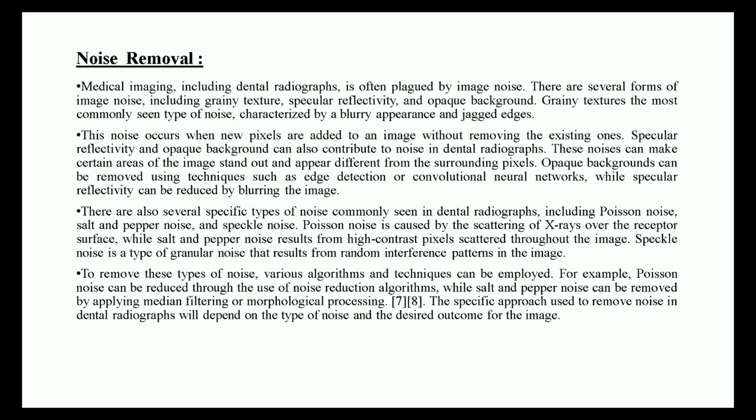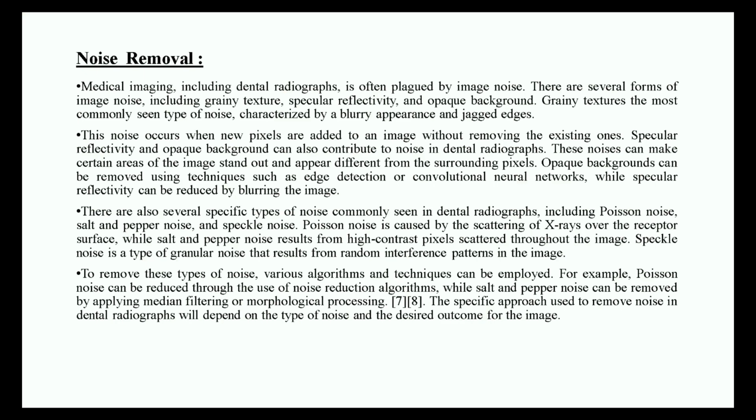This noise occurs when new pixels are added to an image without removing the existing ones. Specular reflectivity and opaque background can also contribute to noise in dental radiographs. These noises can make certain areas of an image stand out and appear different from the surrounding areas.